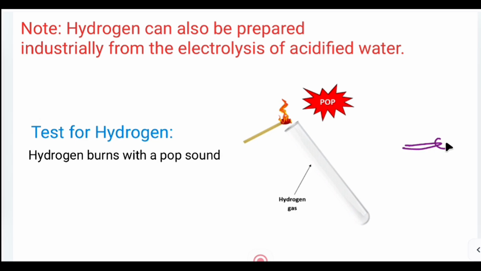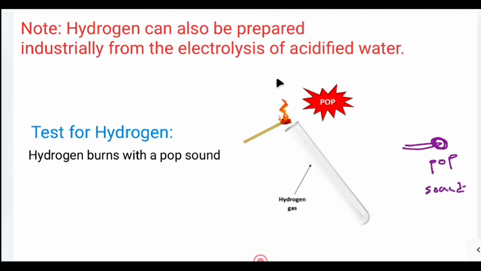You either use a stick of match or you use a broomstick that is still glowing red from fire. When you insert it into a container that has an unknown gas, it usually burns with a pop sound. And this is very important. Hydrogen burns with a pop sound.